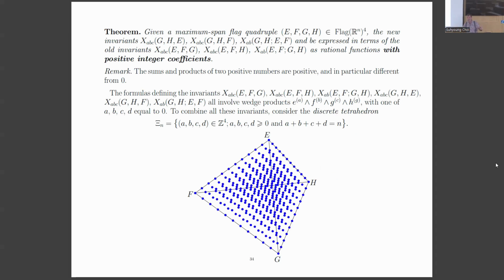That's not surprising. What's surprising is the fact that it's a rational fraction, where the rational fraction is the quotient of two polynomials, and the coefficients of these polynomials are integers.